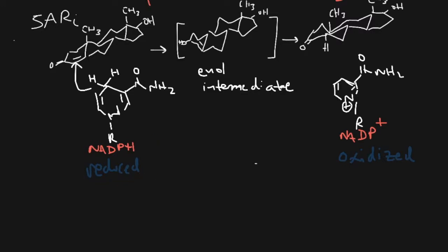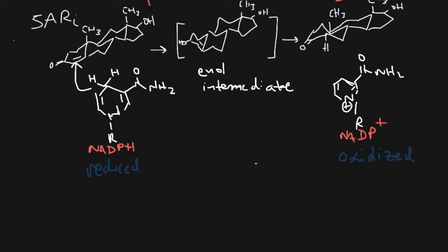Now testosterone is converted to DHT, so the double bond here is converted to no double bond here by this process of NADPH reducing it with the single bonds with the hydrogen here. So the single bonds in the NADPH reduce the double bond here to produce no double bond here.